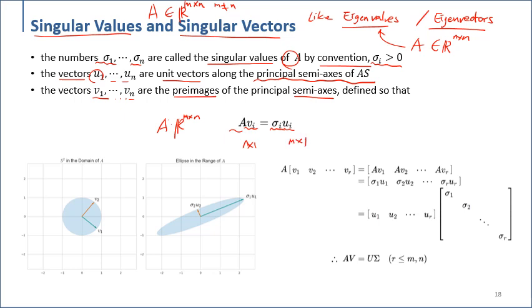So here A is m times n, and vi is n times 1, and sigma i is a scalar value, the singular value, and ui is of size m times 1.